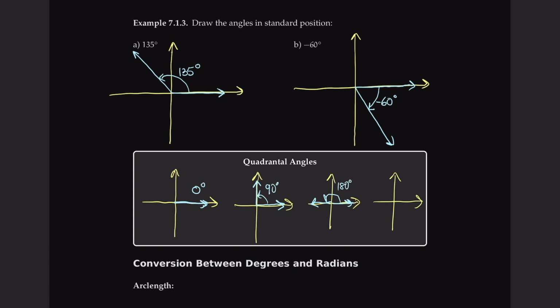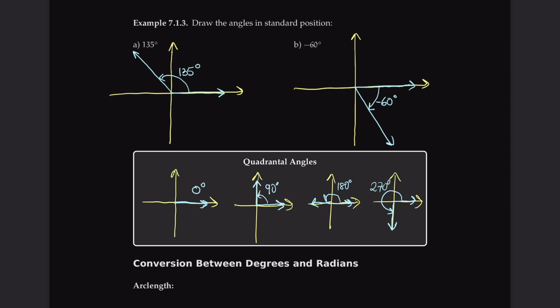And then the fourth one is going to extend straight down, and so we can talk about that as 180 plus an additional 90. So this would be a 270-degree angle. And those are our 4 quadrantal angles.